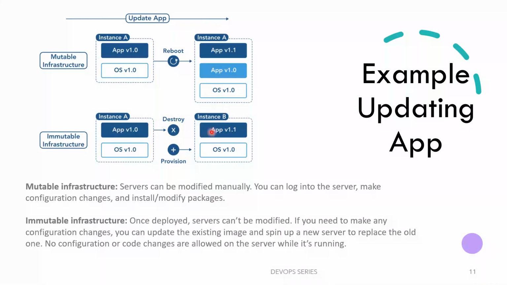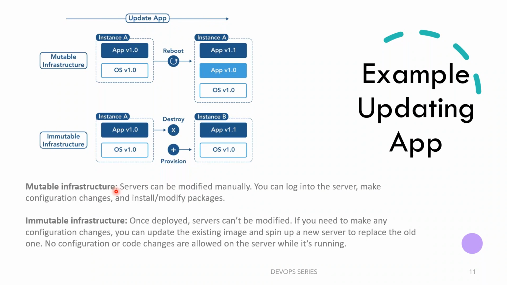You destroy it and recreate it with a newer application version. You might get a valid question: how are you managing the downtime, and how can users be redirected to the newer version of the application or instance without downtime? That is where load balancing and auto scaling concepts come into play.